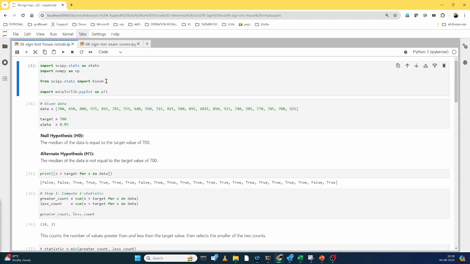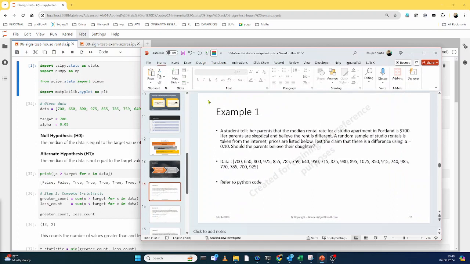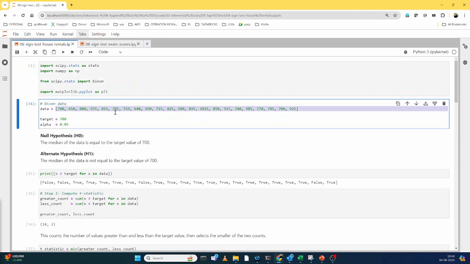Okay, so this is the Python code for the problem that we just looked at. Given the data series, the target is your target value of 700, and the alpha is 5%.